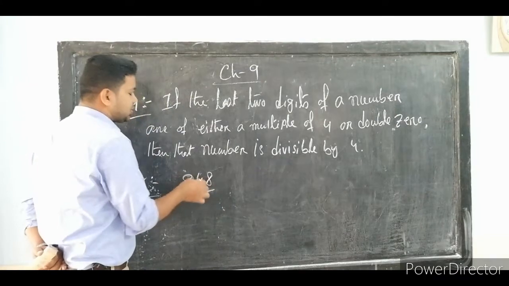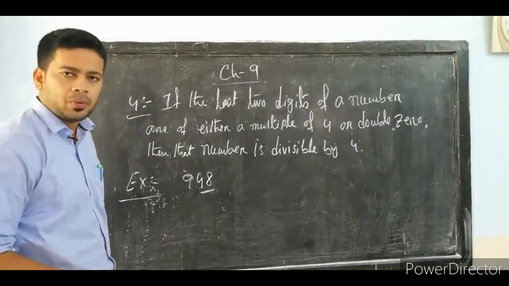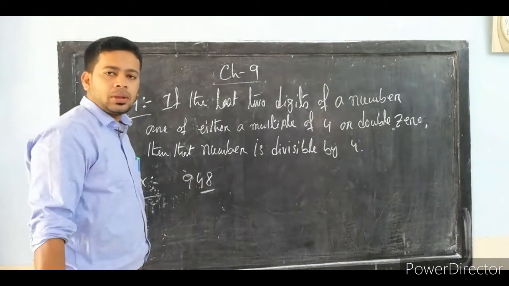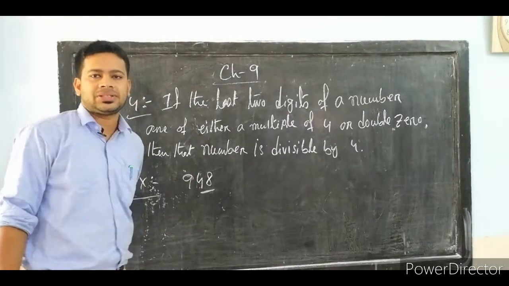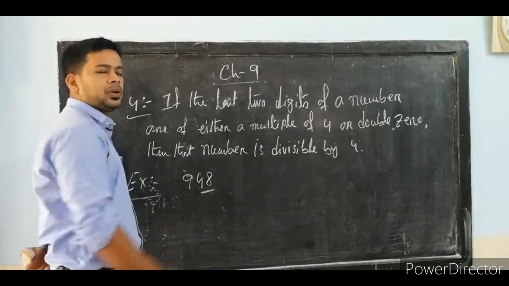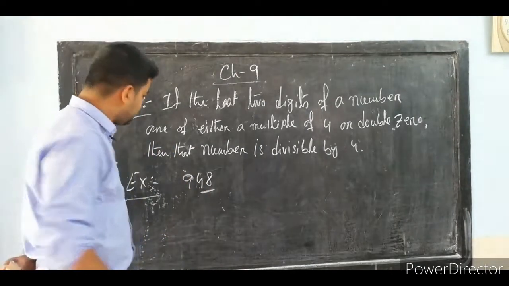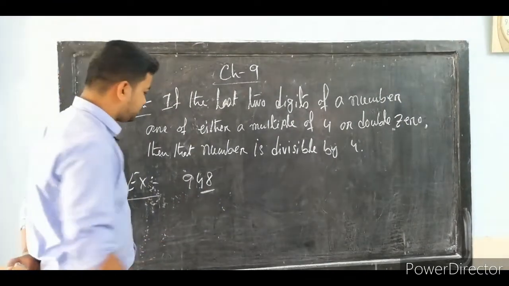If the last two digits are either 00 or a multiple of 4, as we can see here it is 48, and 48 is divisible by 4, that is 4 12s are 48, isn't it? That means 48 is also a multiple of 4. So since 48 is divisible by 4, that means 948 is also divisible by 4.